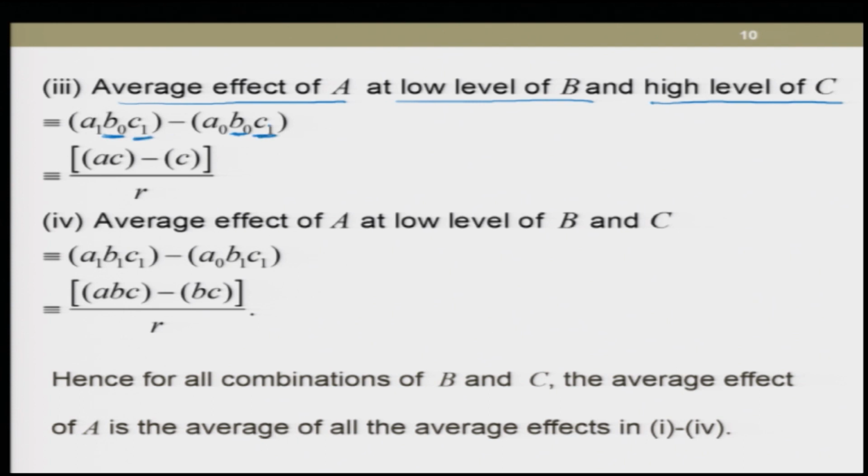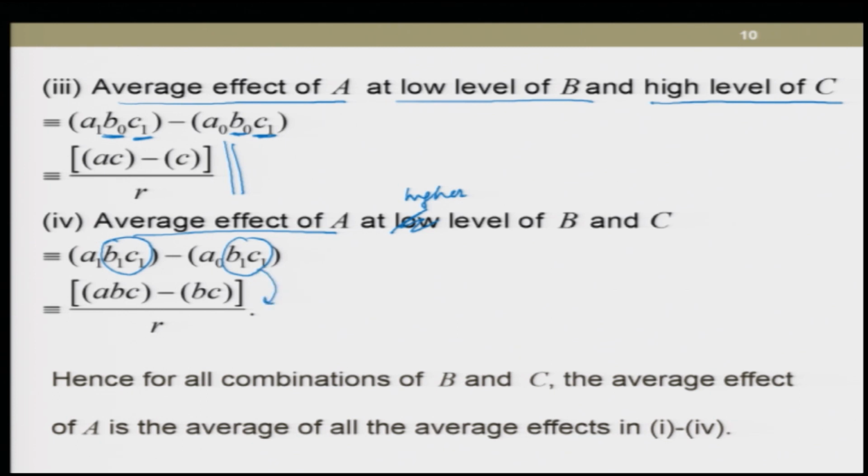I can denote this by the expression AC minus C upon R. Finally, I also find the average effect of A at the higher level of B and C; sorry, there is a typographical mistake earlier. Here B and C both are at level 1. So this can be expressed as ABC minus BC upon R.